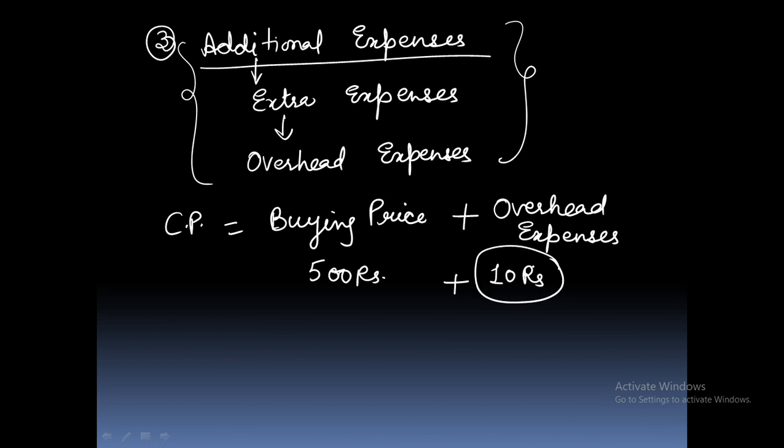This 10 rupees is the overhead expenses, which is additional expenses included in the cost price. Because buying price of product is 500, but for the carry bag we will pay 10 rupees extra. That extra amount which we will pay is known as overhead expense.